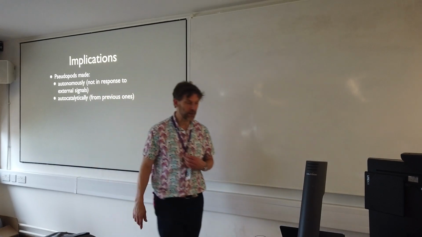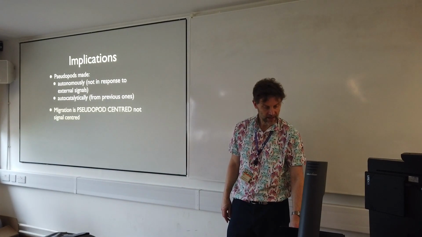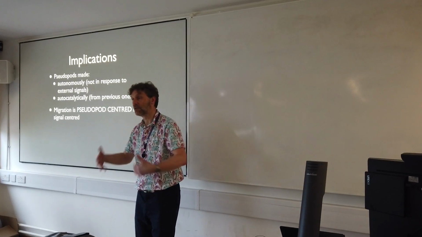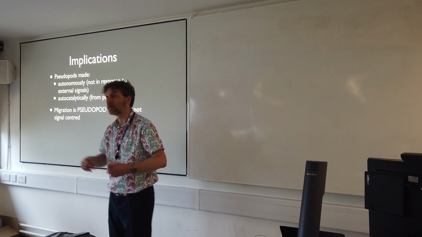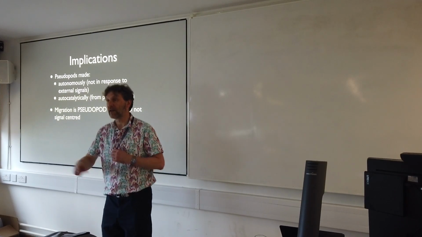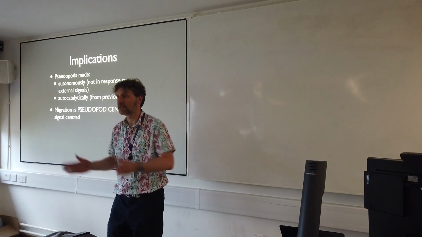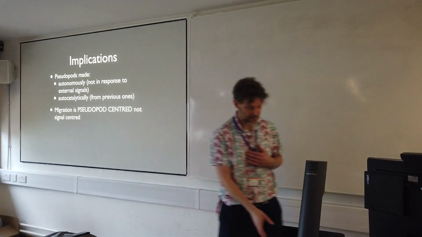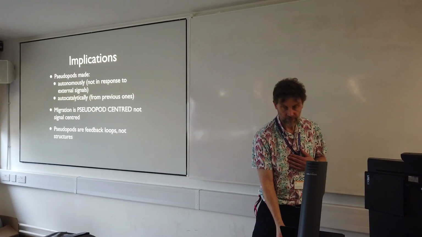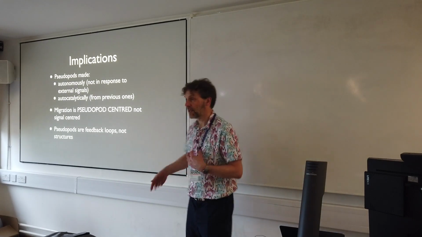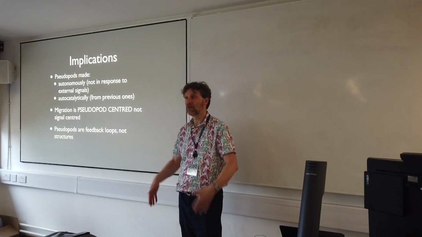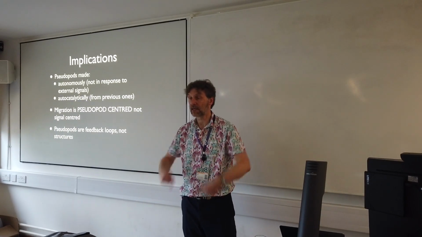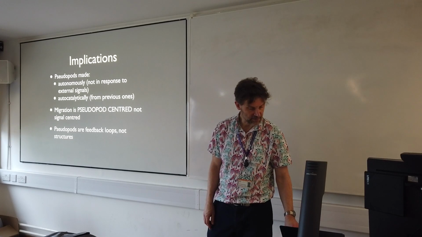I'm going to express this in an equation in a moment. And so what you have to do is understand these rather mathematical things called pseudopods, which move the cell around, rather than, I think, this verbal argument that says the cell wants to go in that direction with the highest attractant. Above all, the conclusion is that the pseudopods, the way the cells move, are feedback loops. It's not a thing, it's not an object, it's just the manifestation of some maths.